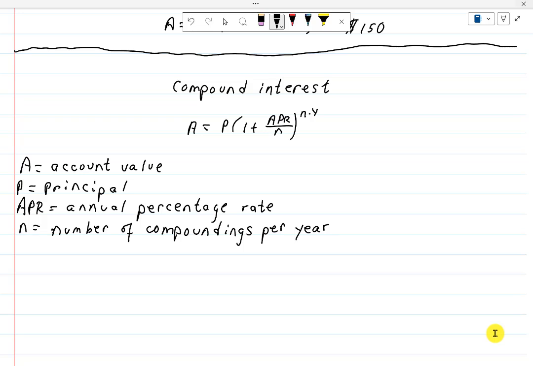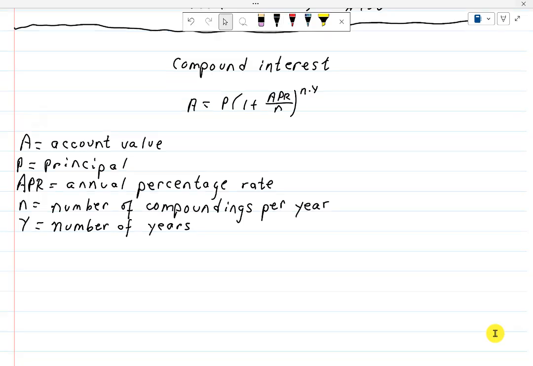I'll explain what those are in just a minute. And then did I have anything else? Yes, I have y, which is the number of years. So we're going to do the same thing that I did in the first example, except I'm going to look at different schemes for compounding.